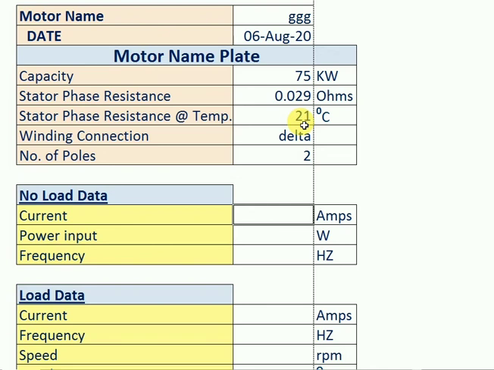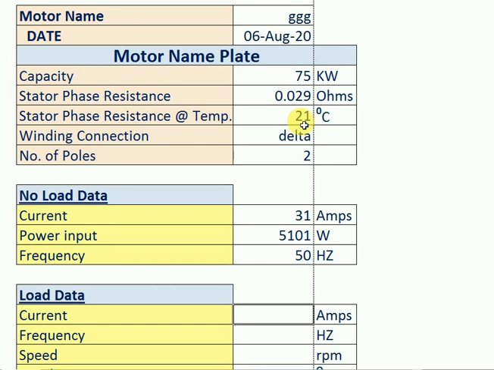The no load current taken is 31 amps. The power input we get is 5101, and the frequency is 50 hertz. Then the load data: after we connect the pump, or whatever the compressor may be, and run it, we take the current, frequency, speed and winding temperature.